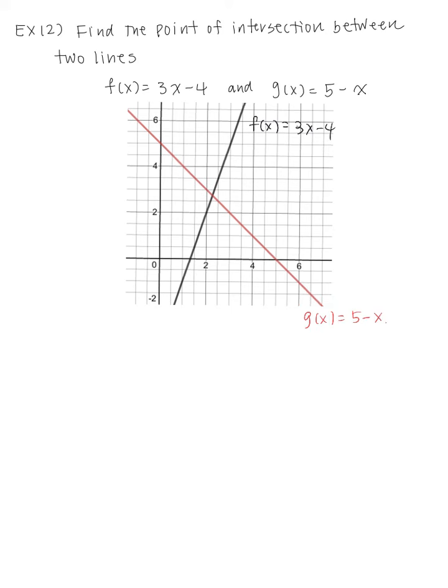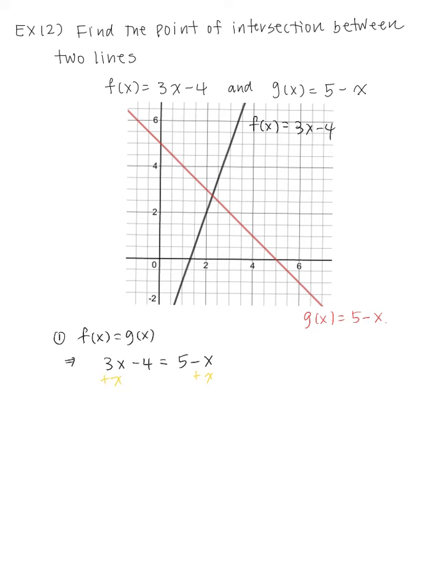All right, so step 1, what do we need to do? Set f of x equal to g of x. So if I do that, you're going to have 3x minus 4 equals 5 minus x. And then from here, you solve for x. So let's bring all the x's to one side. I'm going to add x to both sides.